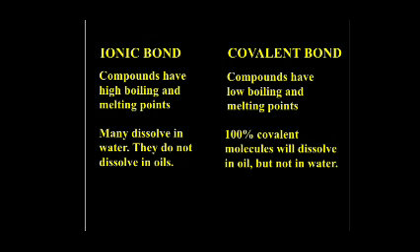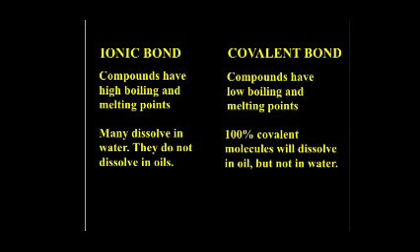This is due to hydration of ions, and the energy released is sufficient to break the ions apart. Covalent compounds are insoluble in water but soluble in non-polar solvents like benzene, carbon tetrachloride.